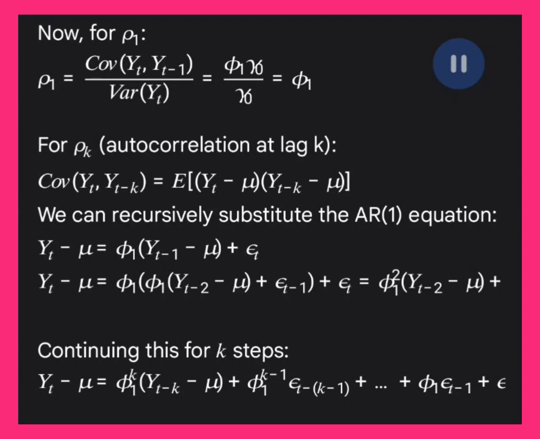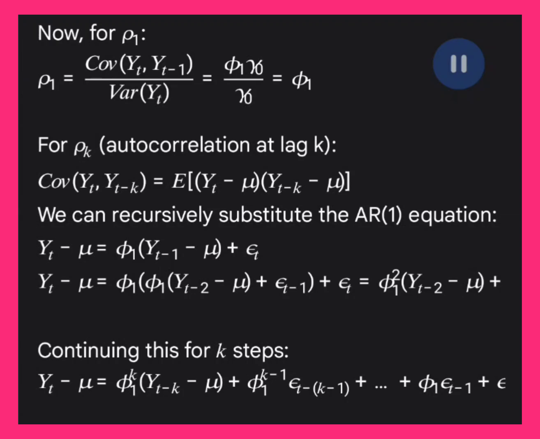= φ_1. For ρ_k, the autocorrelation at lag k, Cov(y_t, y_{t-k}) = E[(y_t − μ)(y_{t-k} − μ)].